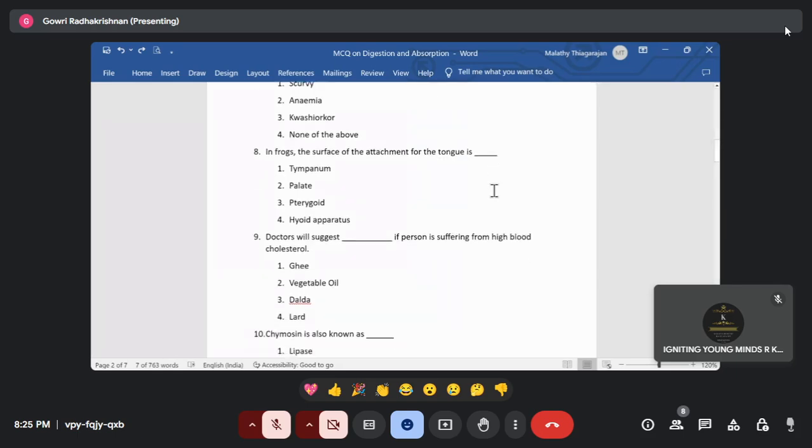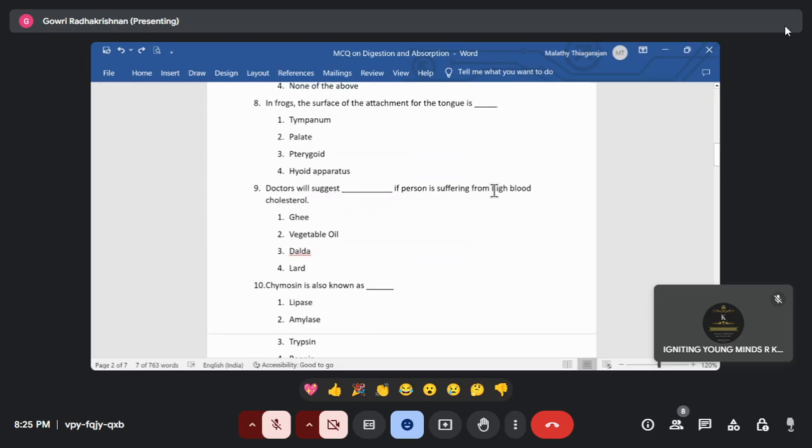Now 8. In frogs, the surface of the attachment for the tongue is.